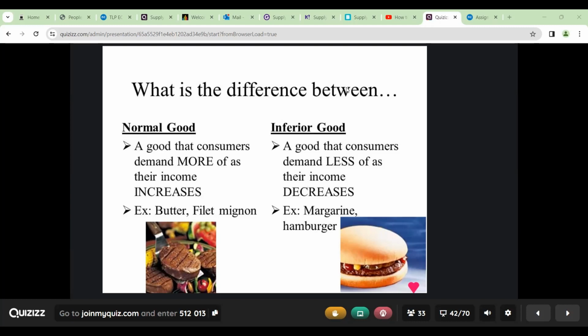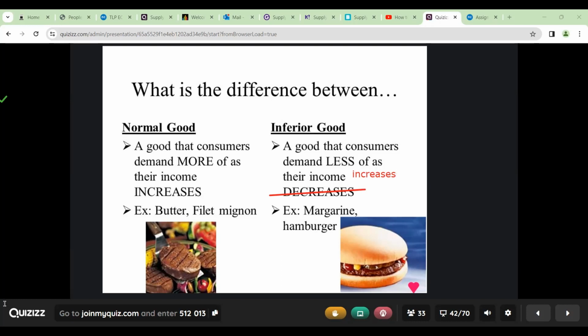So the definition here is actually incorrect. Sorry about that. I'll just cross this out here. So you actually buy less of it when your income increases.